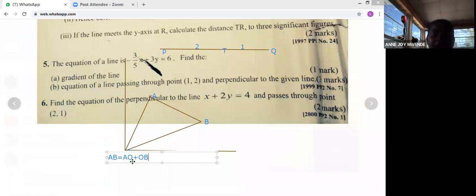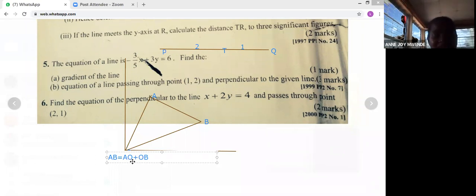When we move from, because now the coordinate of OA is positive, then AO will be negative. Then OMB will be positive because the direction is from O to A and the other one is from O to B. So you find that AO will be negative, then OB is positive.